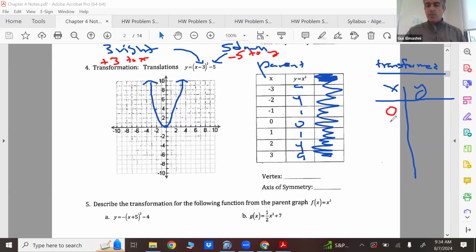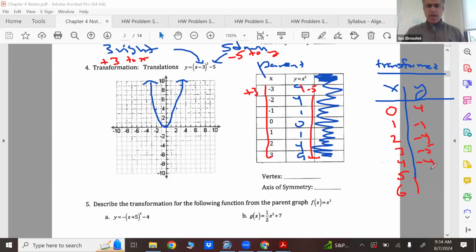So 0, 1, 2, 3, 4, 5, 6. I've added 3 to each of these here. But to these, I'm going to subtract 5. So 4, -1, -4, -5, -4.